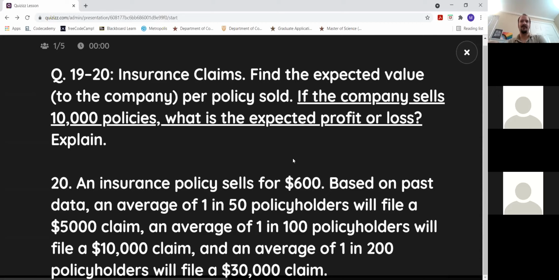Oh, you could have done this before we even got to this section. Unit analysis. This is the apples, right? Buy so many apples, at what price? 10,000 policies at a price of 250 per policy. Well, that's what we're making.